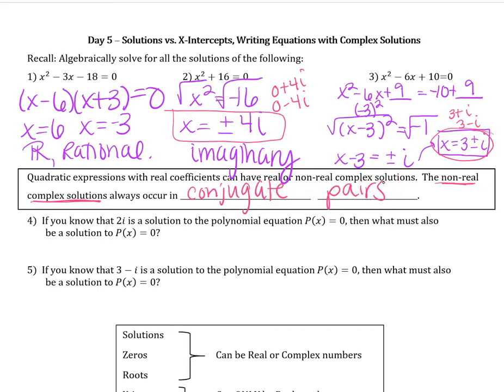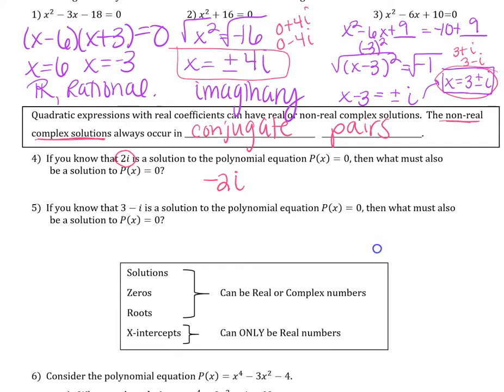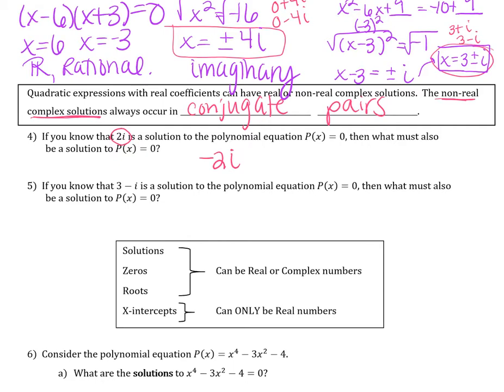So let's say you have a function and you know that 2i is a solution to that function. What that means then is that negative 2i must also be a solution because it's its conjugate pair. If you know 3 minus i is a solution to a polynomial, then 3 plus i must also be a solution.